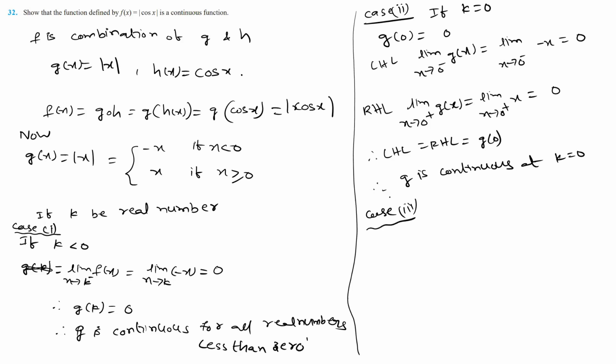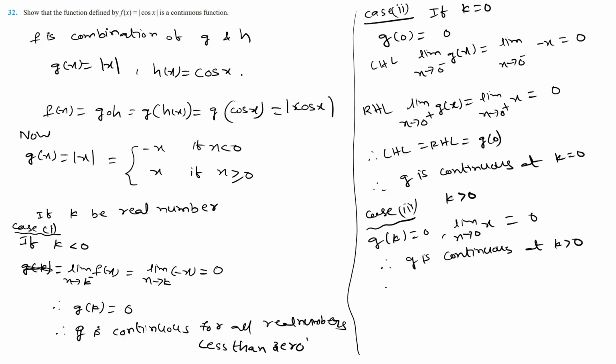Case 3: if k is greater than 0. What will we get here? The first one is g of k is equal to 0 only. And the limit function, if we find the limit as x tends to k of g of x, we will get finally 0 only. So g is continuous at k greater than 0.